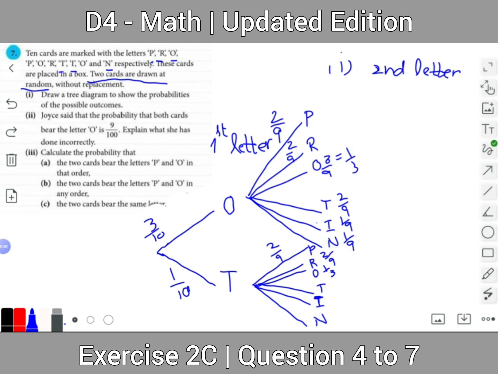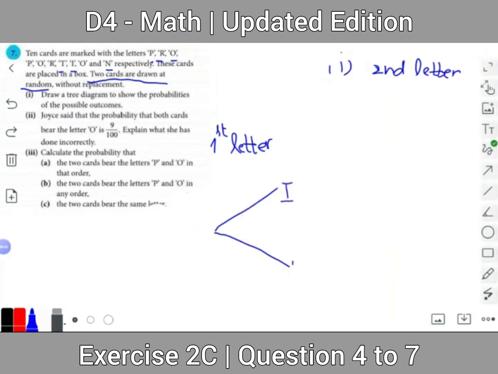For I, we have 1 over 9. For N, we have 1 over 9. For T, we have 0. Why do we have probability 0 here? Just because 1 over 9 minus 1 over 9 will give us 0.